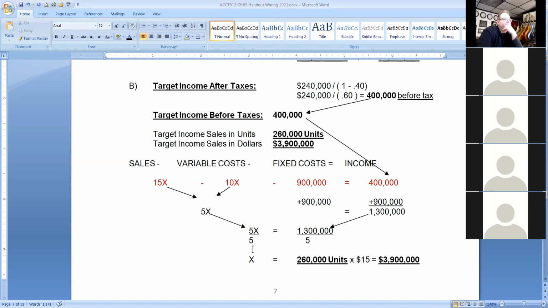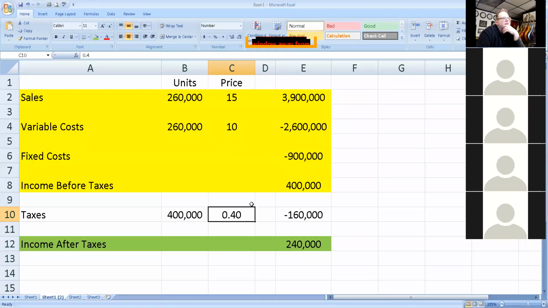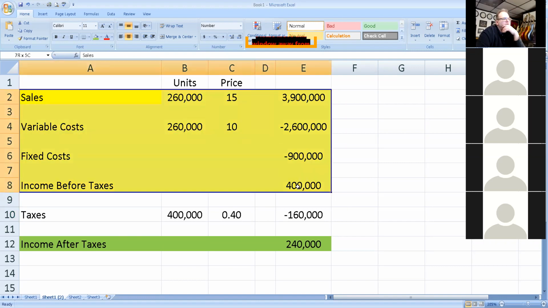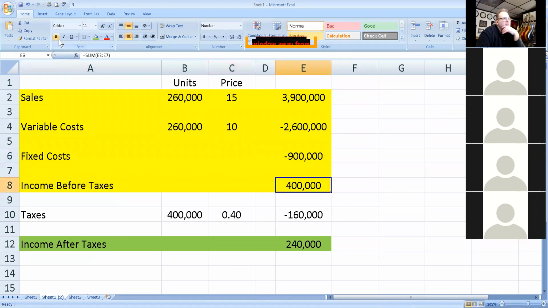Question on that? We had to get this 400,000 to plug into our equation to figure out how many units we had.